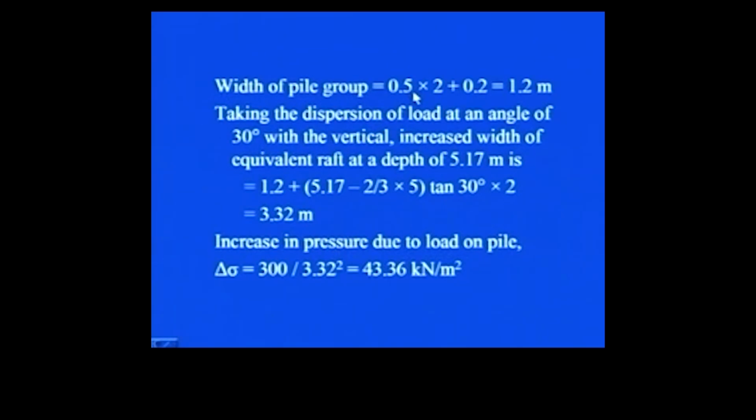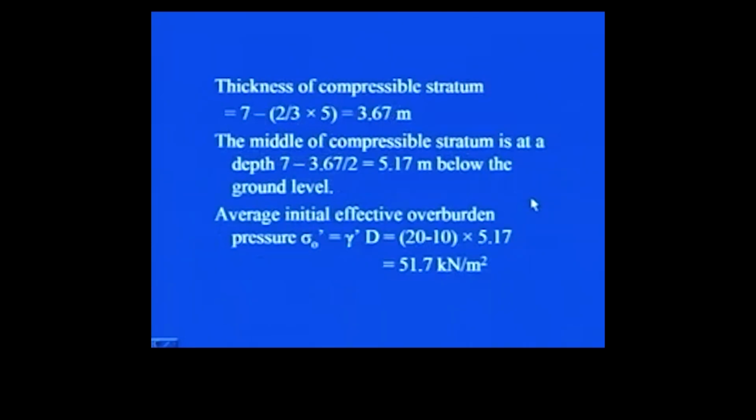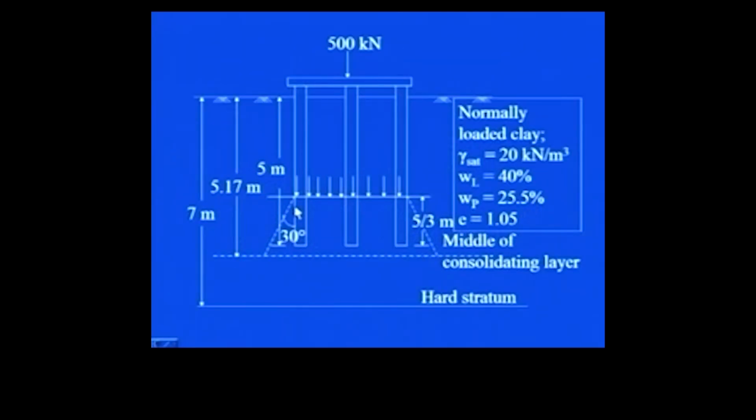Width of the pile group, exactly in a similar manner as you found out in the last example, is 1.2 meter. So if you take the dispersion of load at an angle of 30 degree with the vertical, the increased width of the equivalent raft at a depth of 5.17 meter can be found out. You see here in this figure, you take this dispersion to be 30 degree.